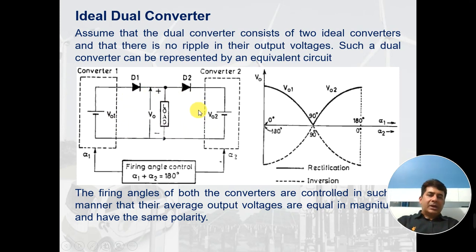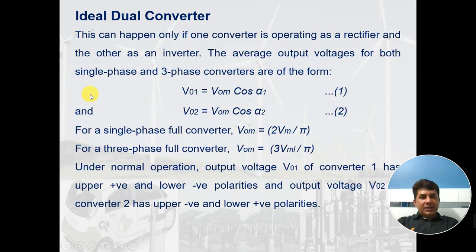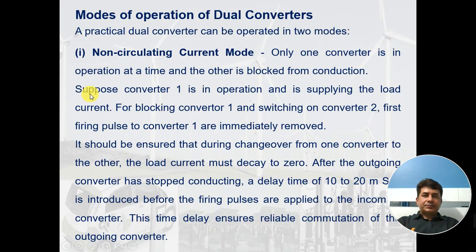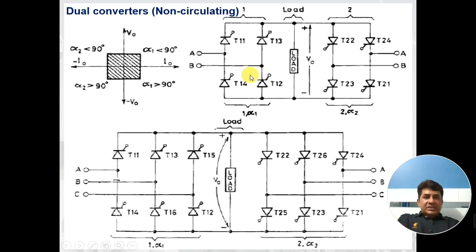This circulating current may be avoided if one converter is operated at one time. So if one converter is operated at one time, it becomes non-circulating current mode. In non-circulating current mode, what we do? We operate this converter and we remove the pulses from here.